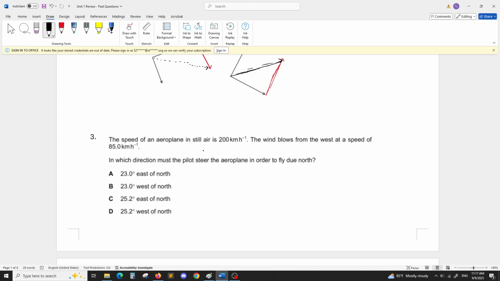Basically, the question says that we want the aeroplane to fly due north. So that means that our resultant vector has to be due north. But we just don't know exactly what the angle is. So let's say this is the airplane.